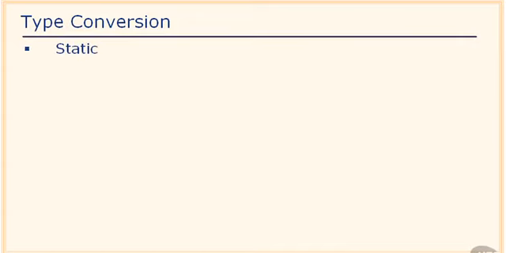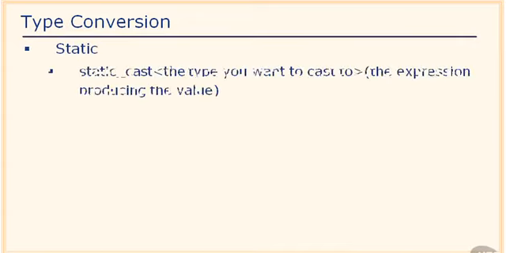Now let's talk about static first. When I do a static cast, I'm going to use the command, notice the keyword here, static underscore cast, all run together just like that. Then inside these little braces, I'm going to put the type that I want to cast to. So this is what I want it to be, and then inside the parentheses the expression or the variable that I want to cast.